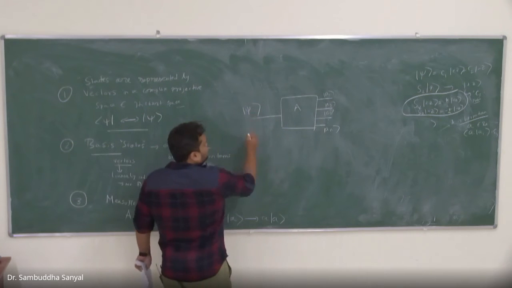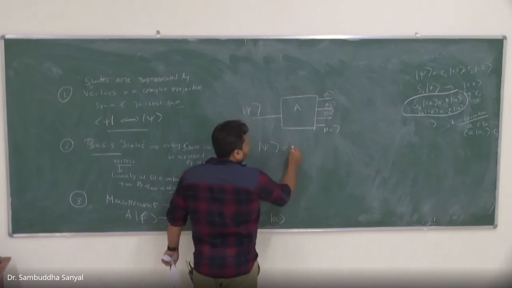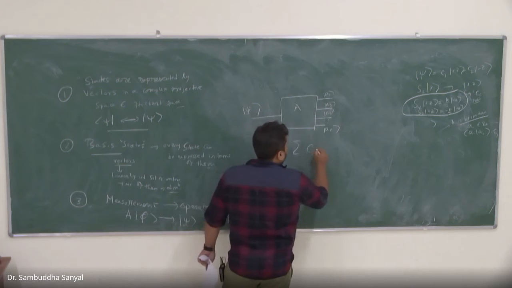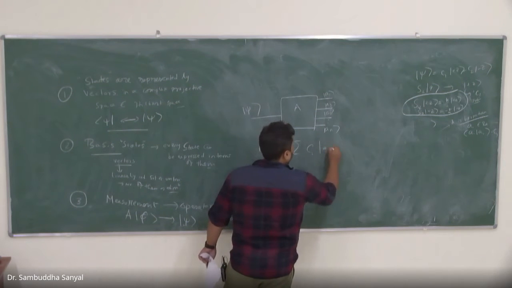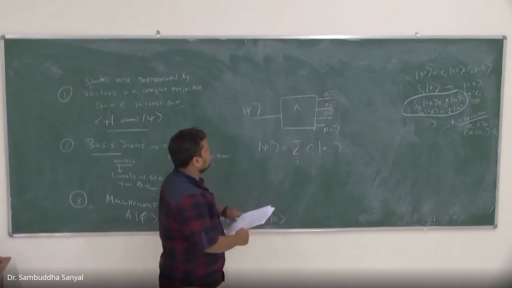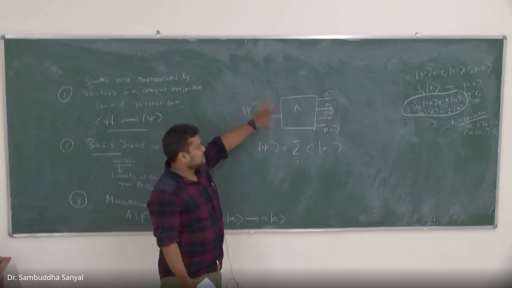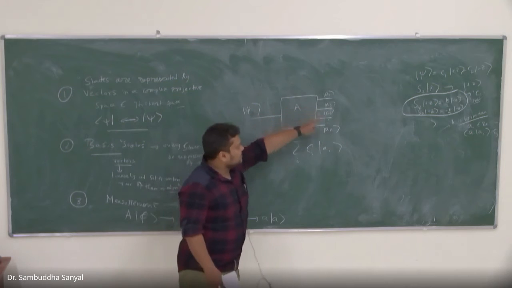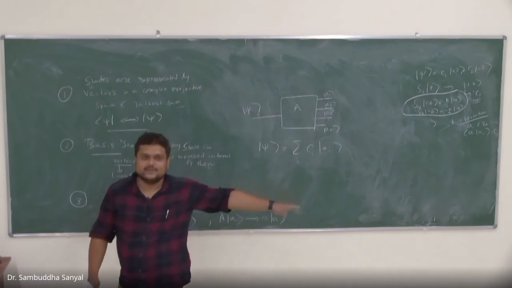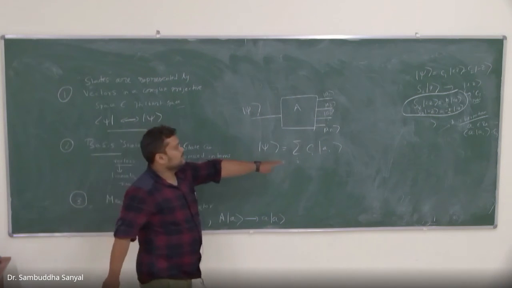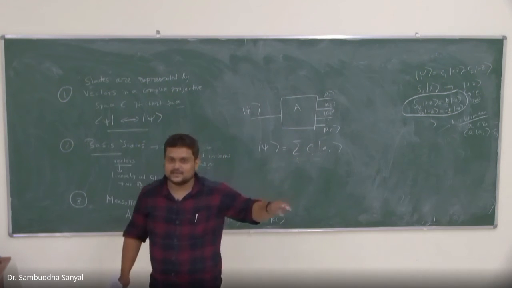So if you take a particular psi, which is the sum over Ci Ai, it means this state psi is a superposition, which means this state psi is in all these states Ai at the same time with probability amplitude Ci. Until measured, it's like that.